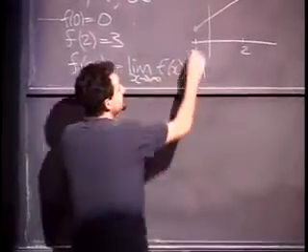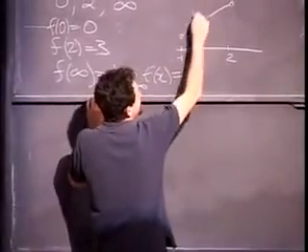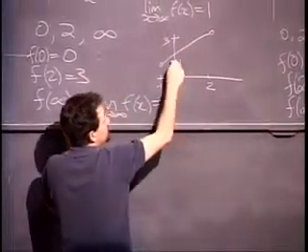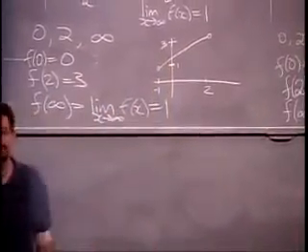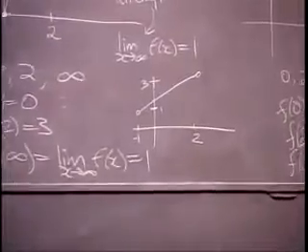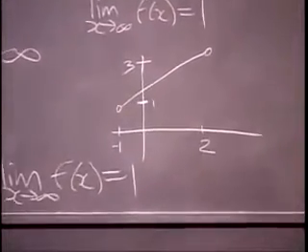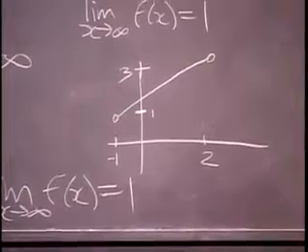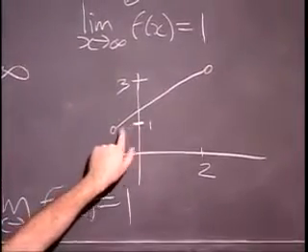You'd like to say that the minimum value is 1, but it is also not true because 1 is never actually achieved by the function. The function never is at height 1, so it's wrong to say, oh yes, the minimum value is 1, because it gets close to 1, but it never actually gets there.